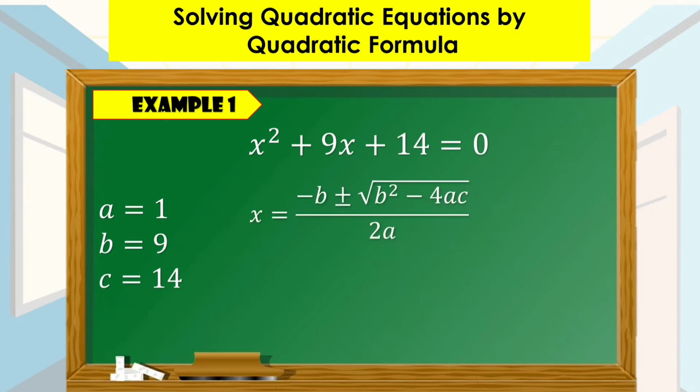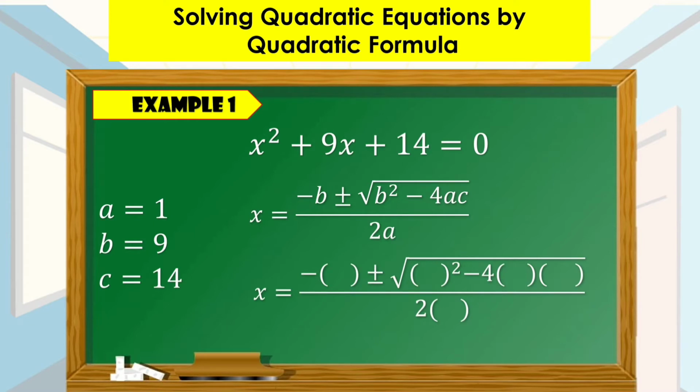Following the quadratic formula, our new equation will be x is equal to negative 9 plus or minus the square root of 9 squared minus 4 times 1 times 14 all over 2 times 1.